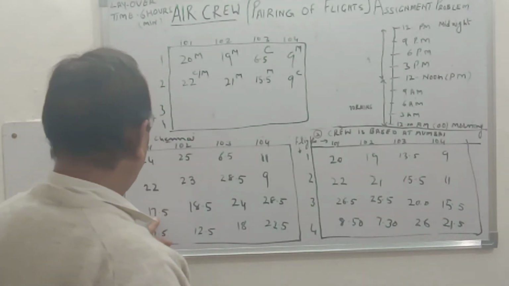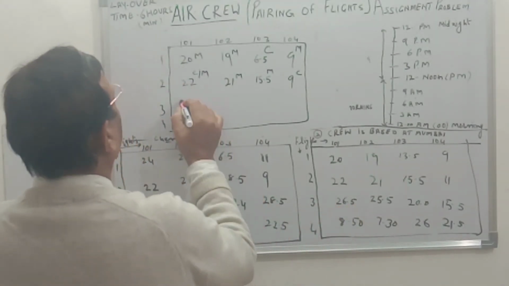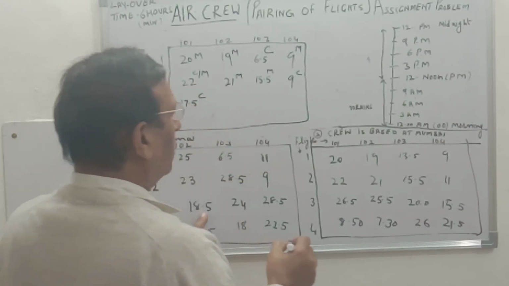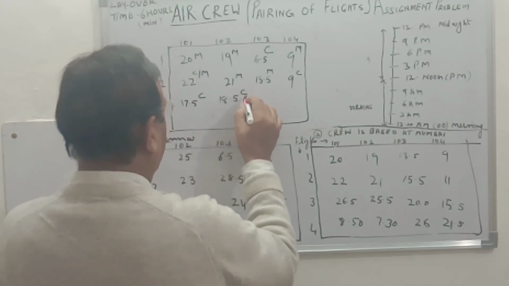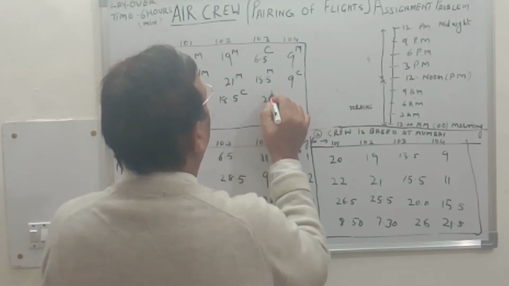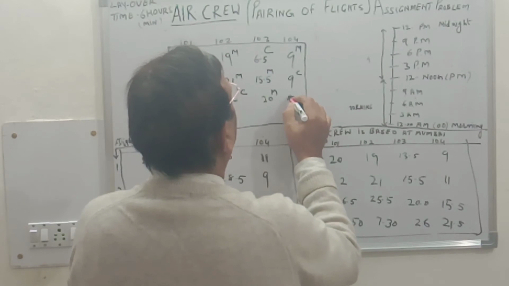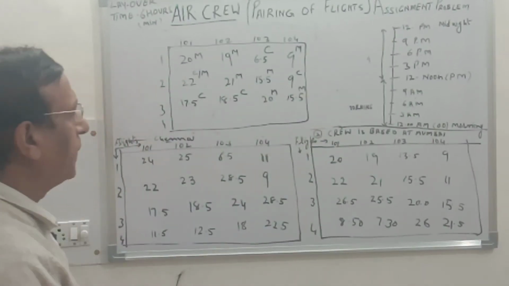Now 7.5, 17, this is 26.5, 17.5 in Chennai. 18.5, 25.5, this is 18.5 in Chennai. 24, 20, so 20 is minimum in Mumbai. 28.5, 15.5, so 15.5 in Mumbai.